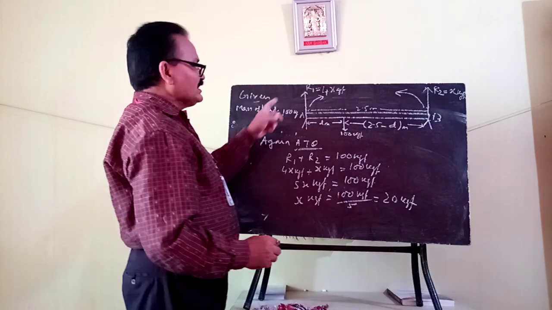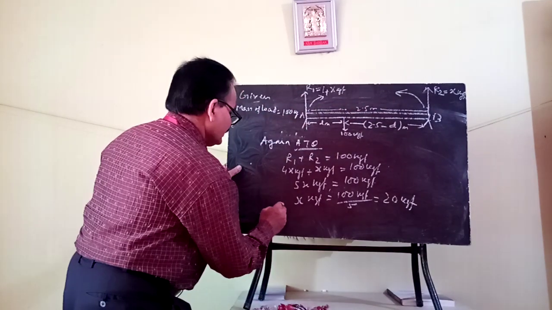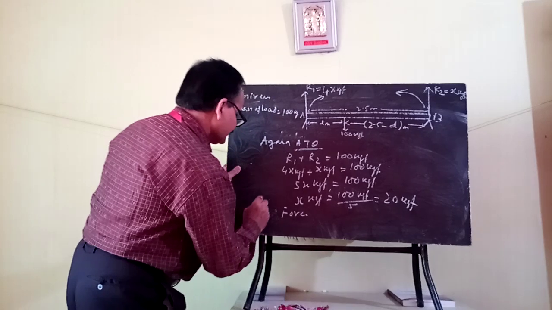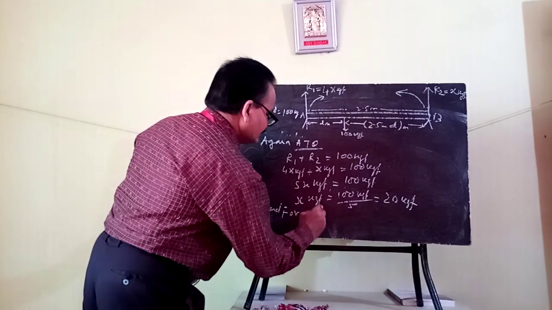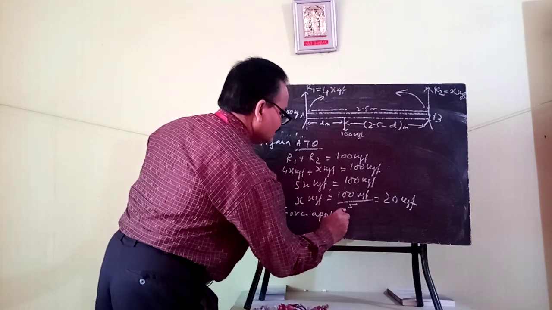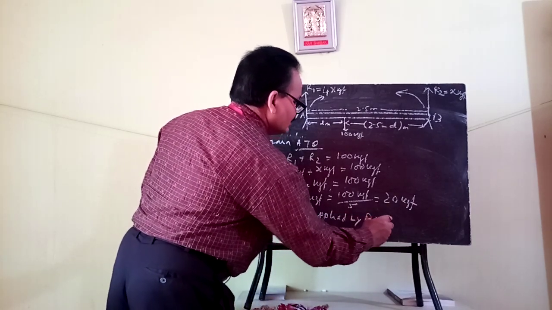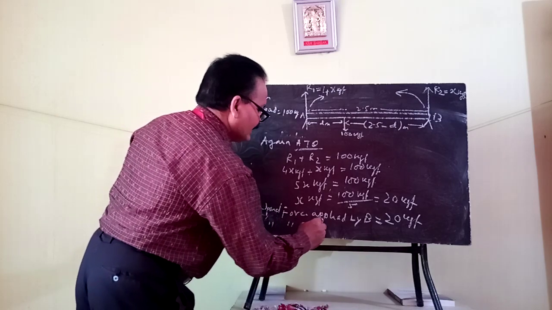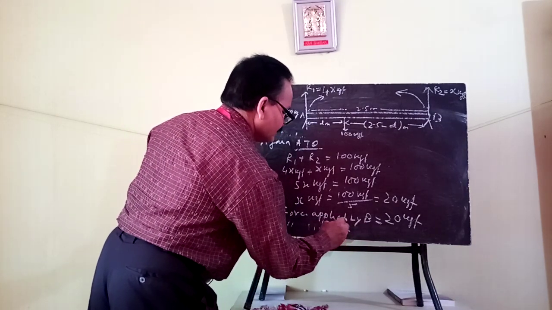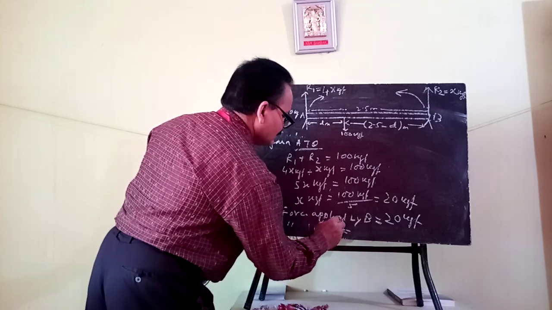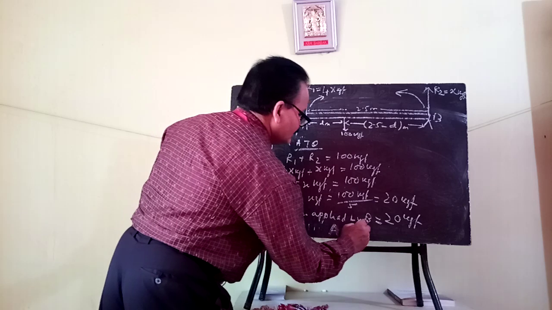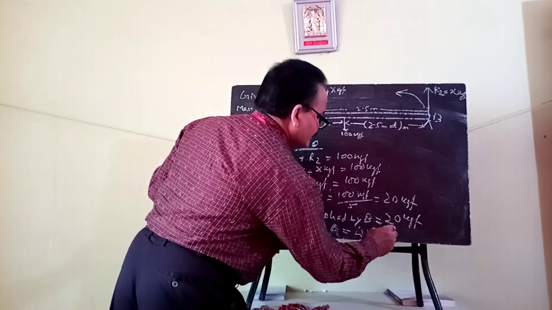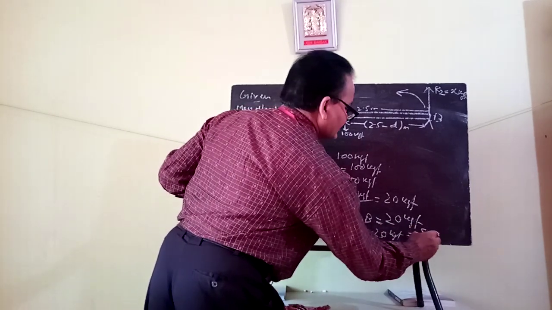So the upward force applied by B is 20 kgf and the upward force applied by A is 4 into 20 kgf equals 80 kgf.